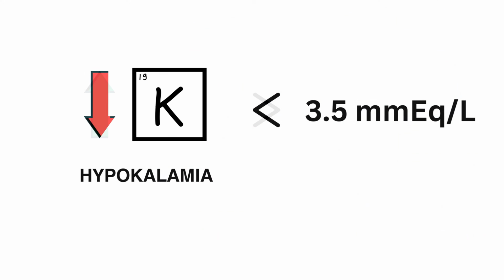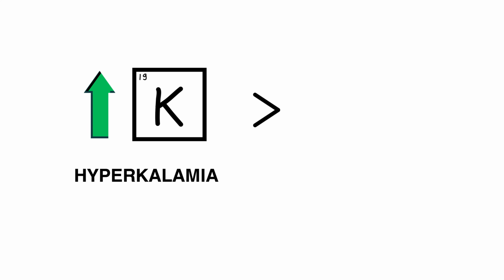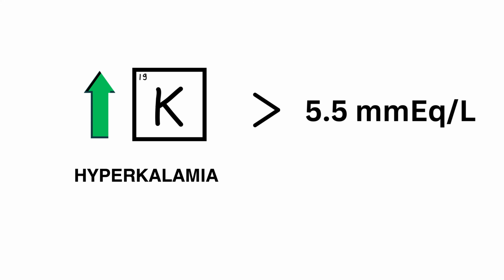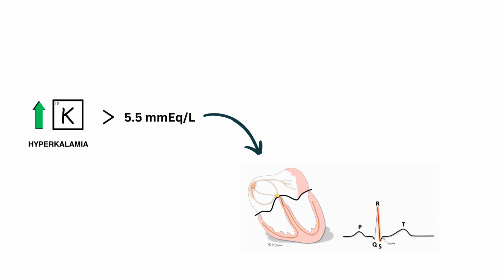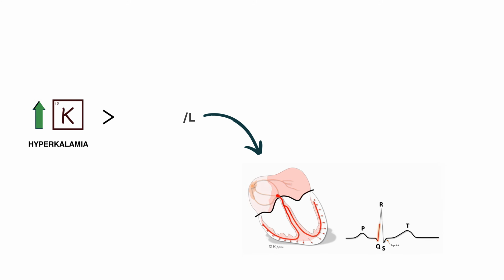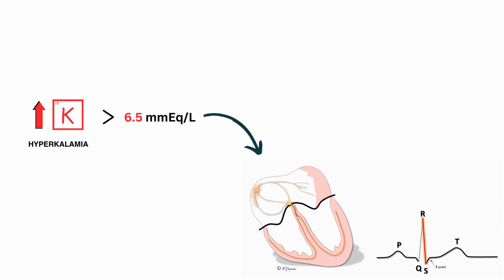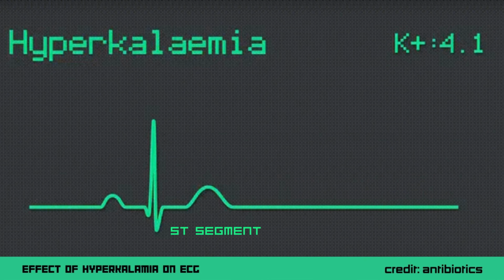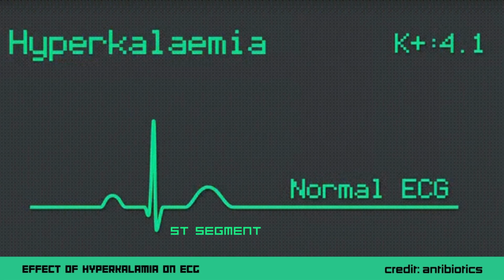Now, what if there is a higher level of potassium in blood, or hyperkalemia? When your potassium levels shoot up, like over 5.5 milliequivalents per liter, it can trigger some pretty noticeable changes on your ECG. And when it goes even higher, like over 6 milliequivalents per liter, things start getting real interesting. First off, the ST segment on the ECG disappears, kind of like it's playing hide and seek.